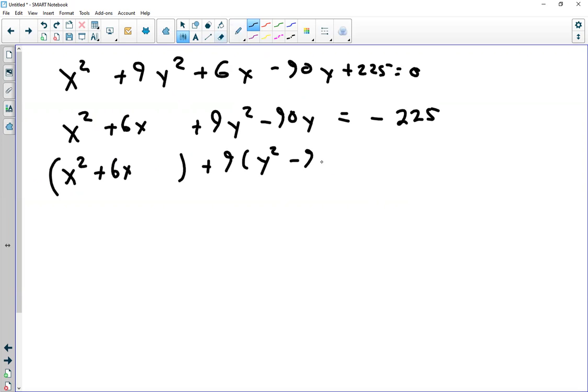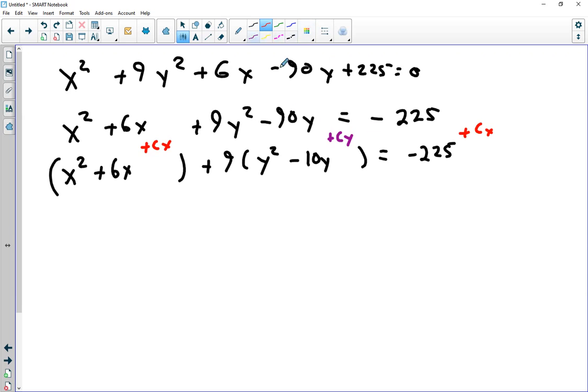When I add it to the other side, this is just 1, so you just do C for X. While this one has a 9 in front, so plus 9C for Y. Okay, so this one, it's 3, cut it in half, square it is 9, so plus 9 over here.